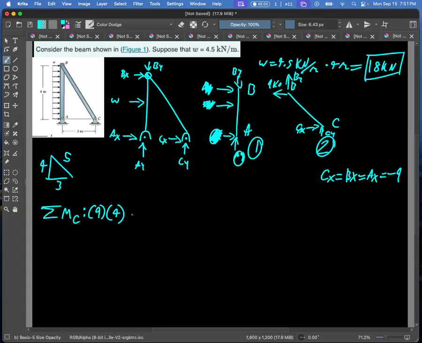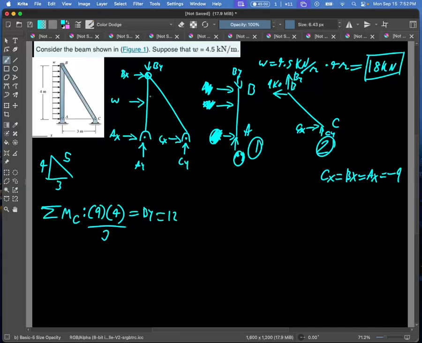This is going to be, let's see, rotating it, this is going to be minus BY times 3 equals 0. So then this is equal to that. We can divide this by 3, and we get BY is equal to 9 times 4 over 3, which equals 12.